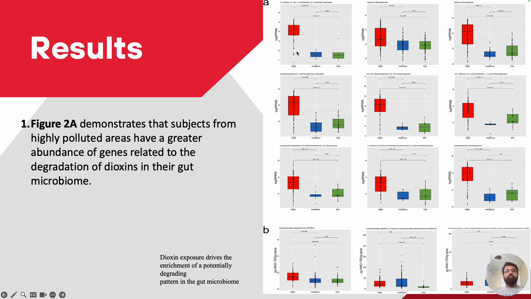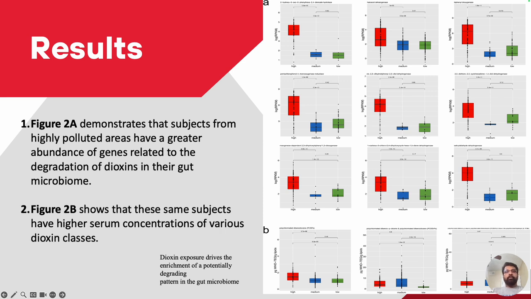So when they are exposed to more pollutants, the microbiome is changing, or I would say it is selected favorably to have more genes to degrade or break down those pollutants. Which is pretty much a good thing, but we still don't know how this is really affecting the people.